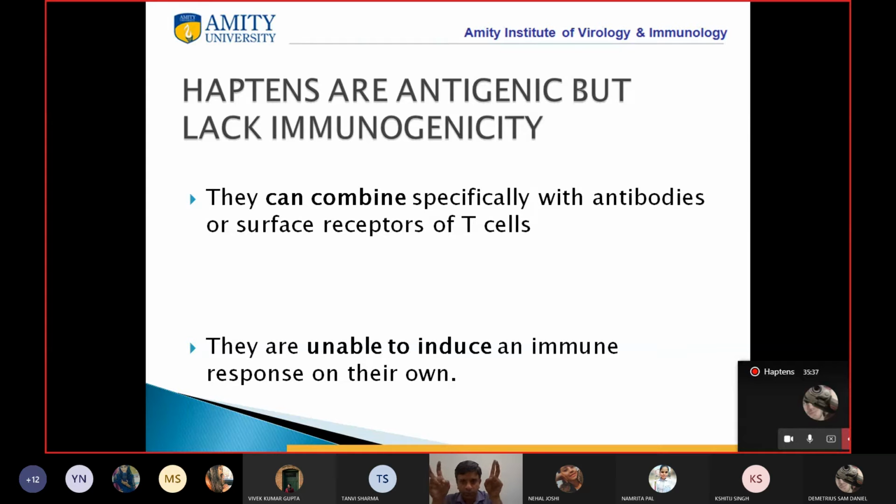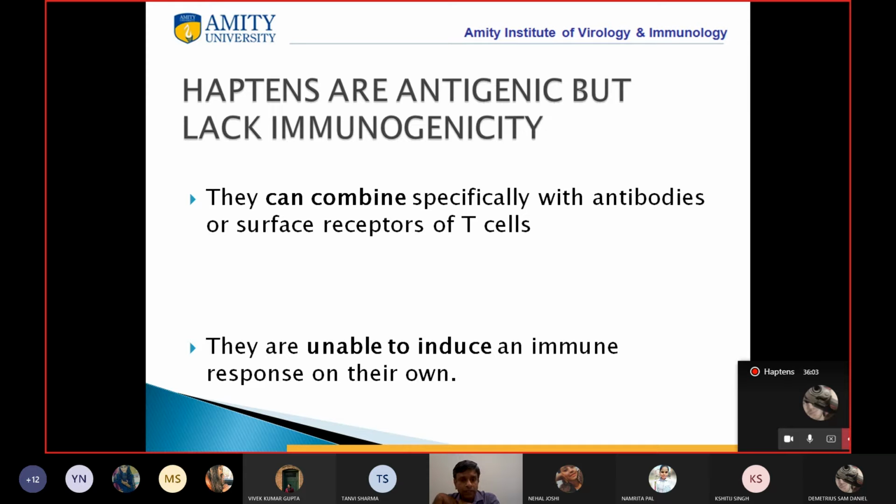There are two terms. One is antigenicity, another is immunogenicity, right? In the very first class, I said to understand these terms, because these terms will come again and again. So haptens are antigenic, but they lack immunogenicity, so they are not able to generate an immune response.